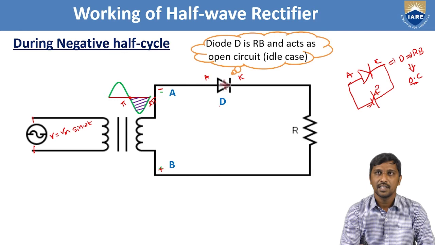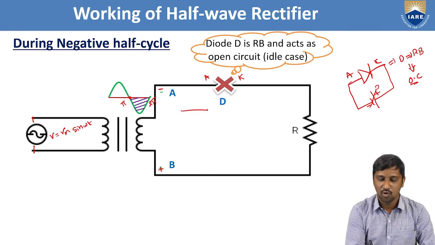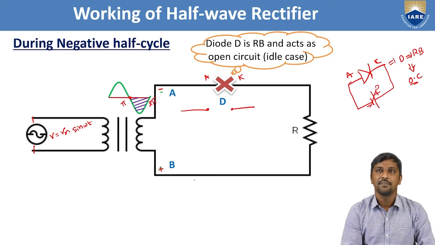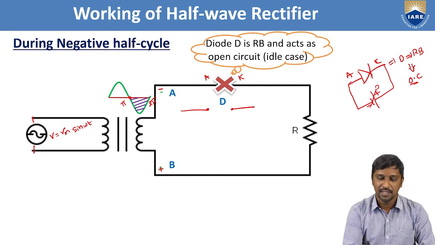So if the diode is replaced with an open circuit, there is no current flowing through this network. It breaks the continuity in this circuit. That is the reason there is no flow of current from node A to node B through this load resistance.